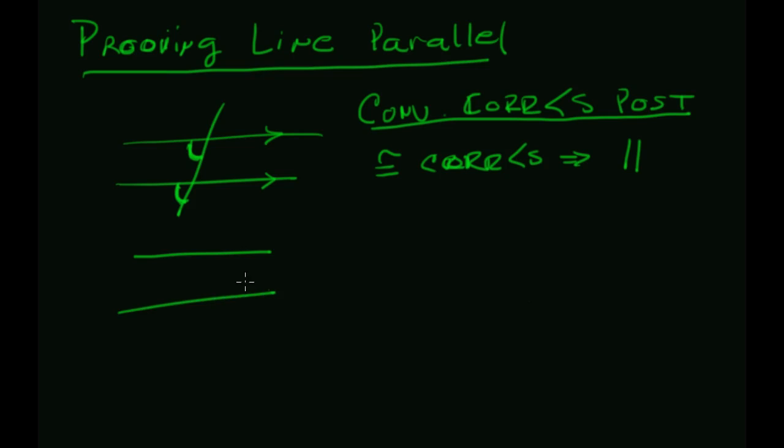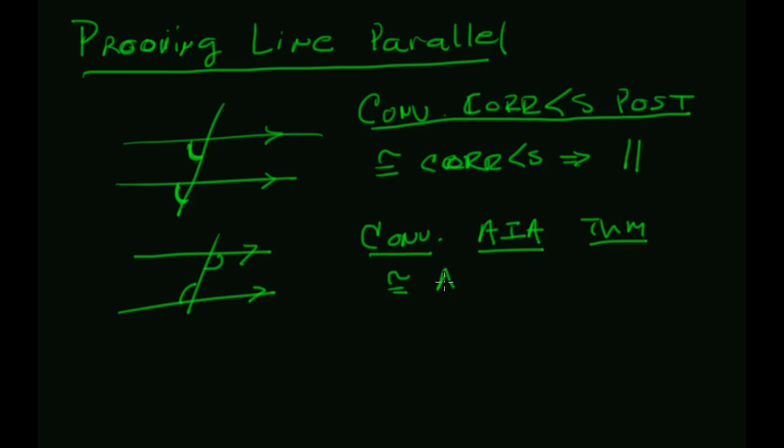Last time we got that if I have parallel lines, then the alternate interior angles are congruent. The converse of the alternate interior angles theorem states this the other way around. If I have congruent alternate interior angles, you're going to see a theme here, then the lines are parallel.